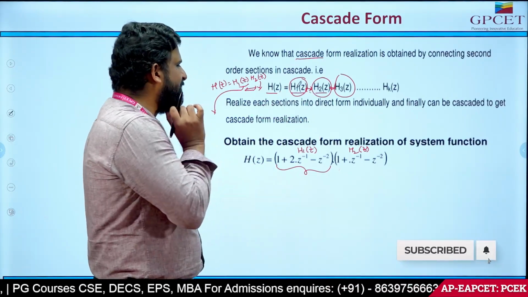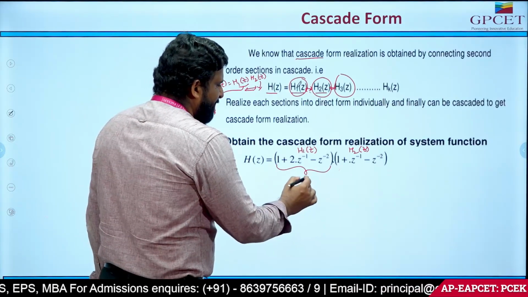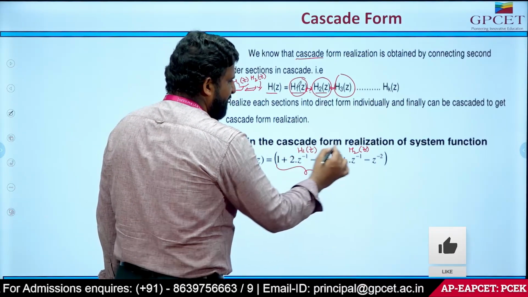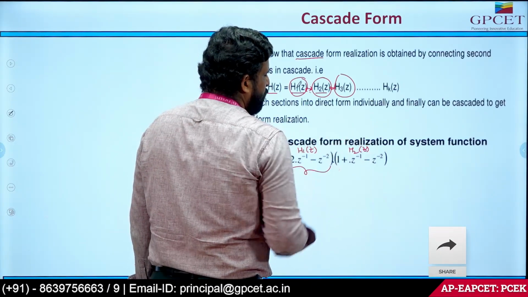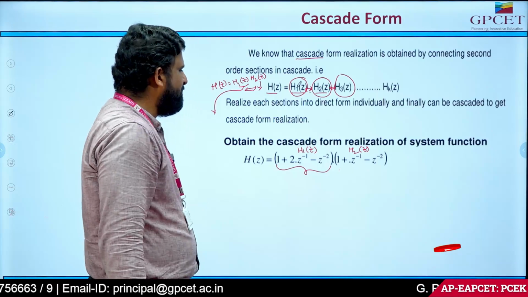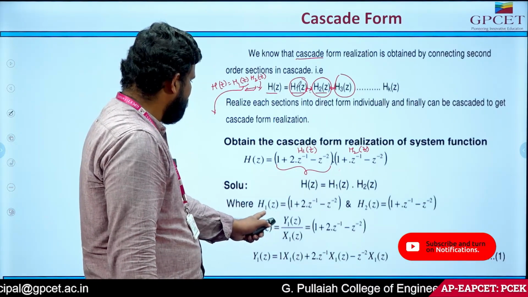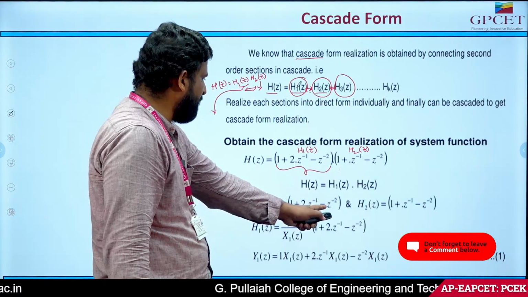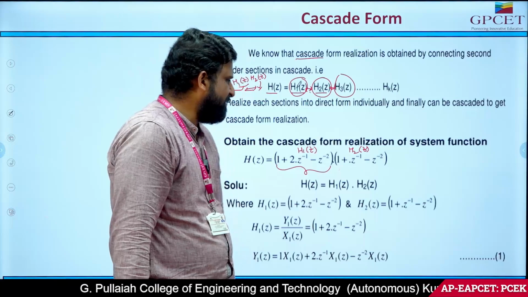Now what is the second thing we need to find? We need to find separately the direct form 1 for the H1 of Z and direct form 2 for the H2 of Z. First we will see the direct form for H1 of Z. Consider H1 of Z equal to 1 plus 2 z inverse minus z power minus 2, and H2 of Z equal to 1 plus z power minus 1 minus z power minus 2.